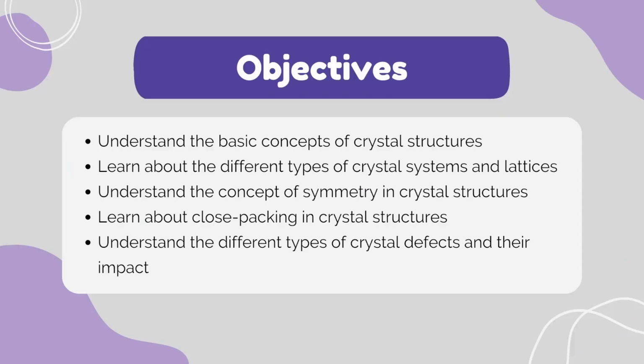Our objectives are to understand the basic concept of crystal structures, learn about the different types of crystal systems and lattices, understand the concept of symmetry in crystal structures, learn about close packing in crystal structures, and understand the different types of crystal defects and their impacts.